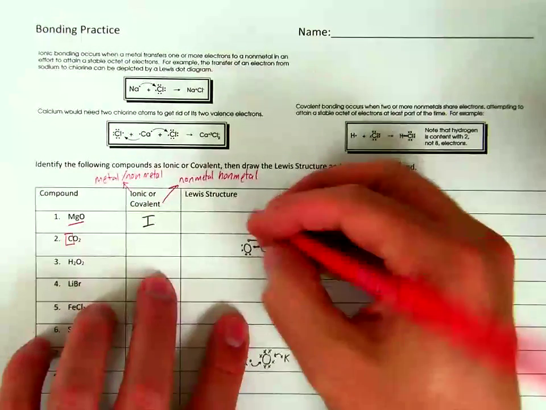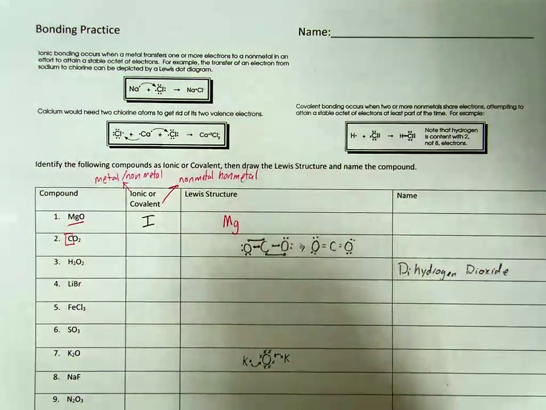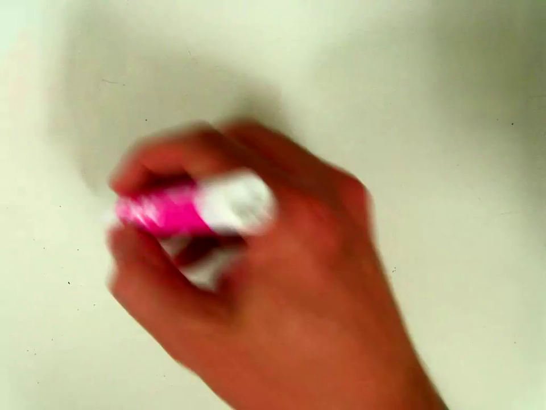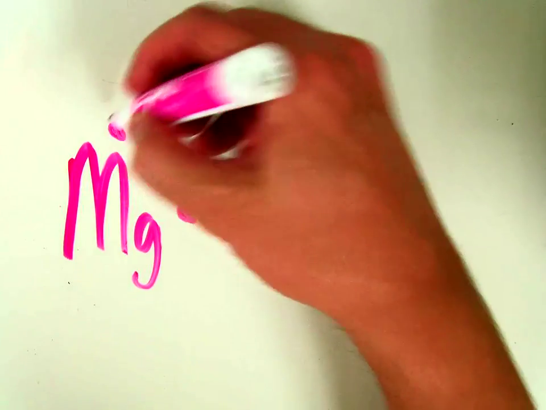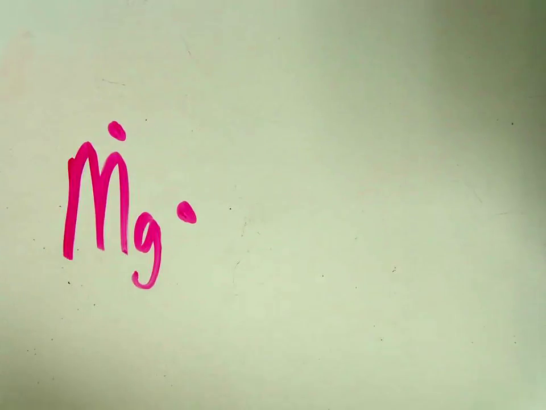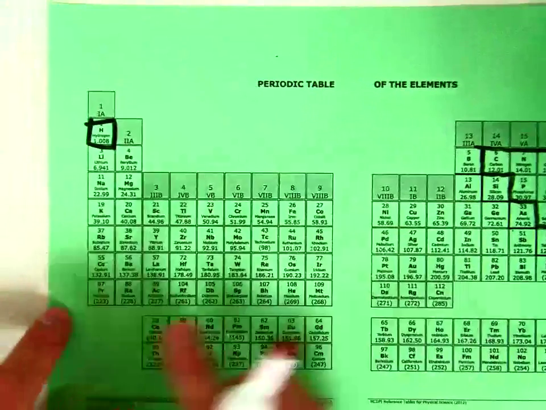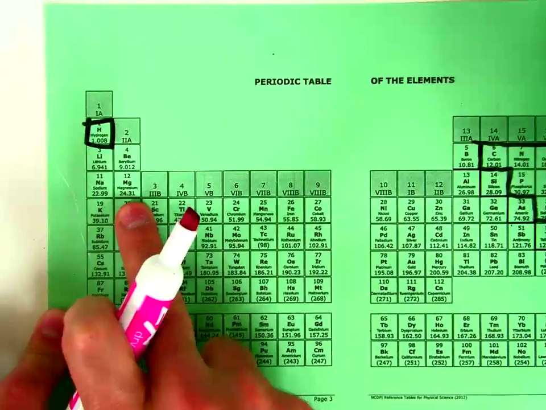So, to do the Lewis structure for MgO, here's what's going to happen. I'm going to have Mg. The valence electrons are 2. I know why the valence electrons are 2: because it's right here in the second group.